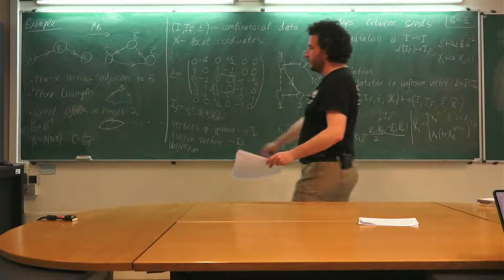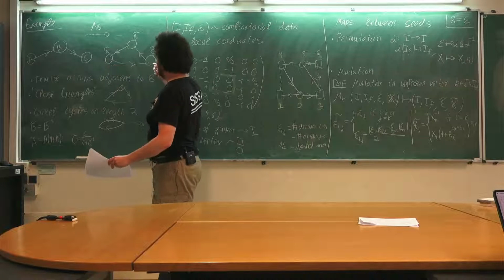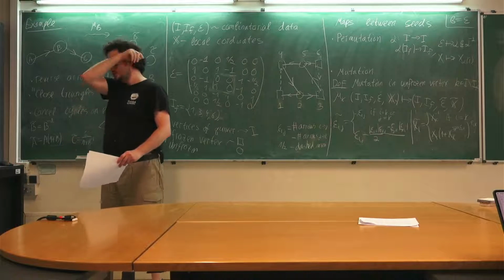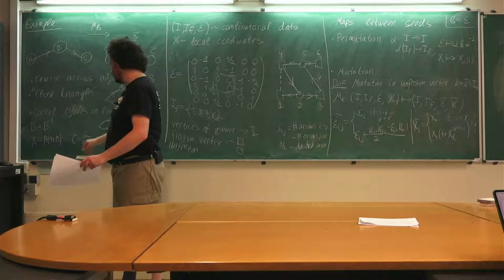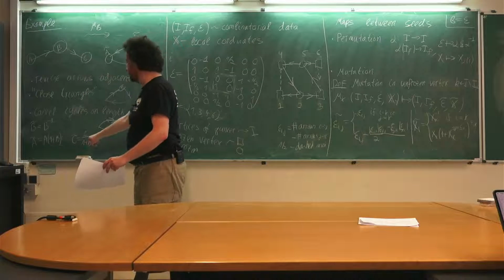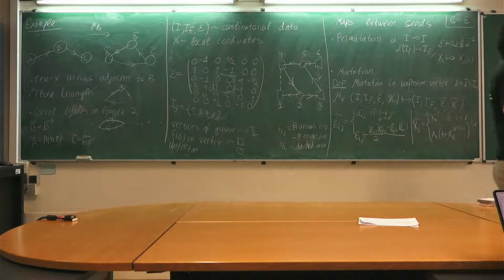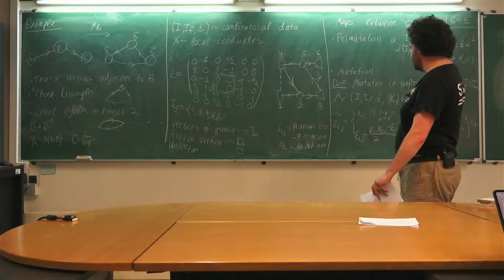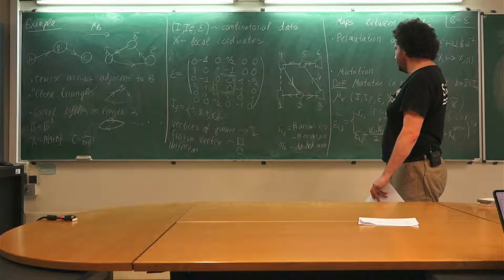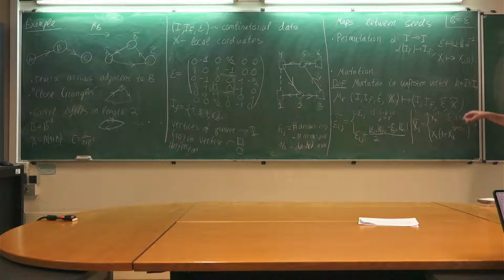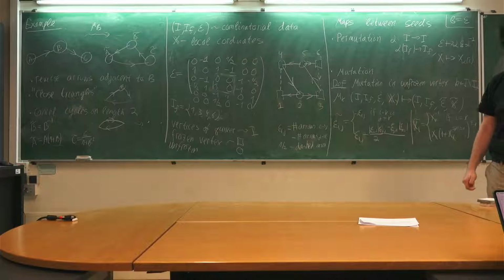So practically, we saw here two main examples. If we have just one arrow from C to B, then it will be multiplied by 1 plus B. In the opposite case, 1 plus B inverse. And that's it. Since we mutate only on unfrozen vertices, these numbers are integers, so there are no squares.